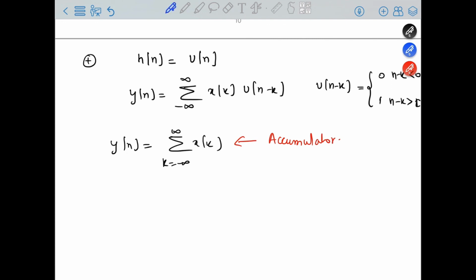Now in the previous video we have seen that the inverse of this accumulator system is y[n] equals x[n] minus x[n − 1], and we take the inverse system response as δ[n] − δ[n − 1]. So when we convolve h[n] with the inverse impulse response, what will we get?